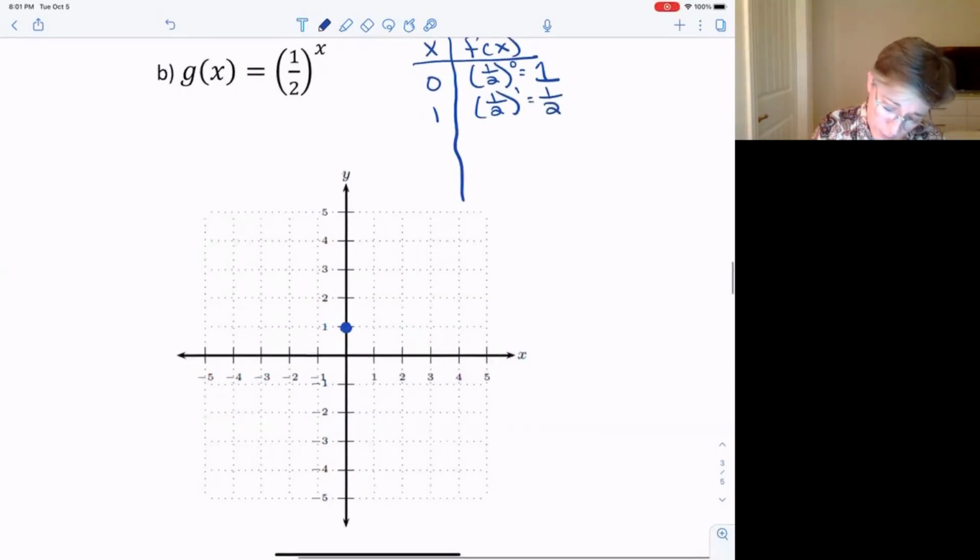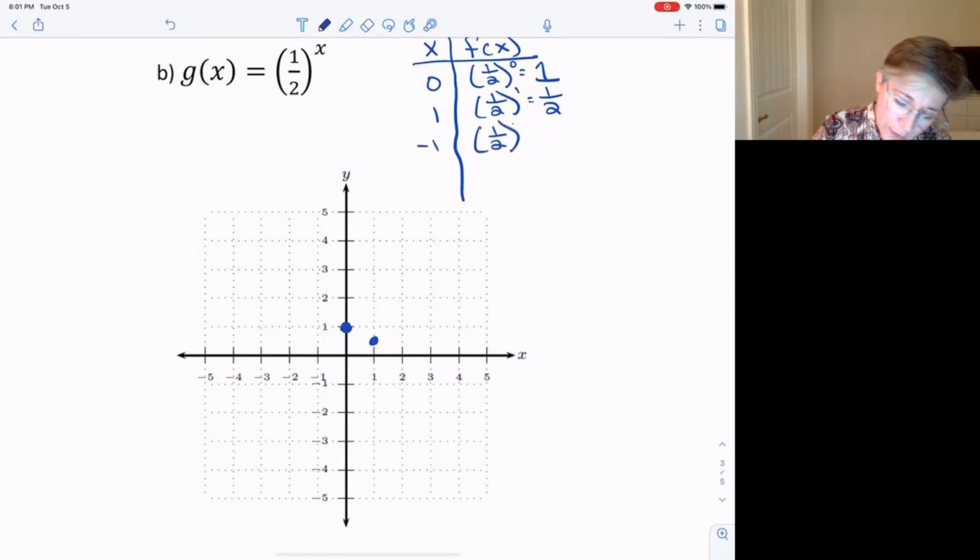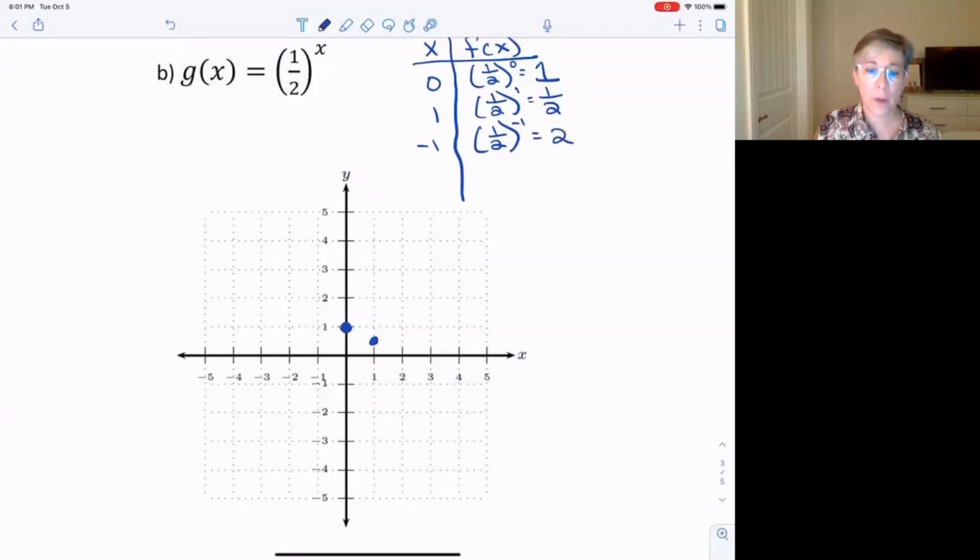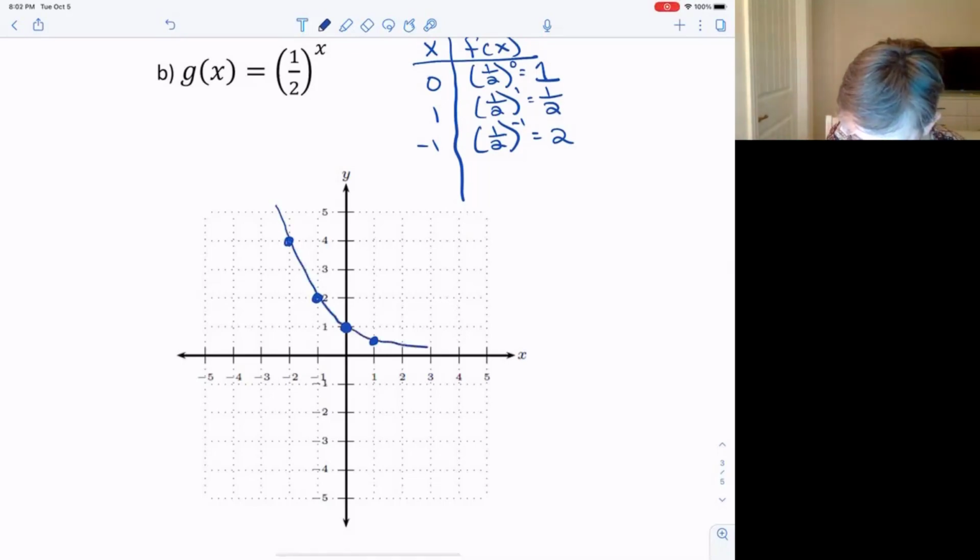So we get the base back. And if we plug in negative 1, we get 1/2 to the negative 1, which is the reciprocal, which would give us a positive 2. So we can keep going. Basically this guy here is the mirror image of the graph that we had before. But it never actually reaches 0 because our base is positive.